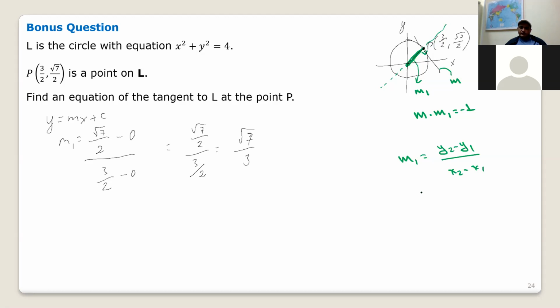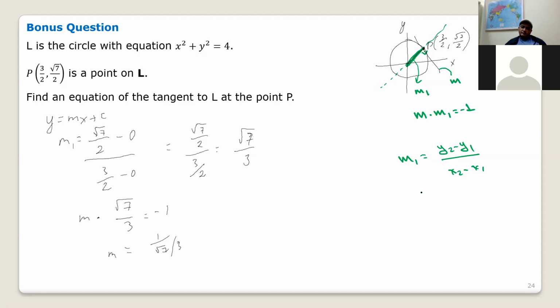Good. Now let's find m. What is m? M equals... Is that right?